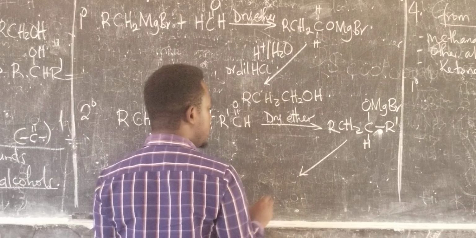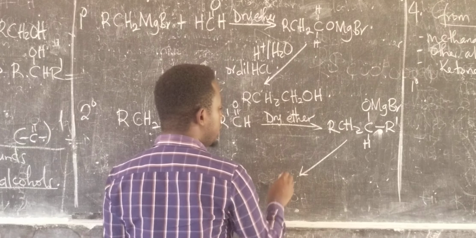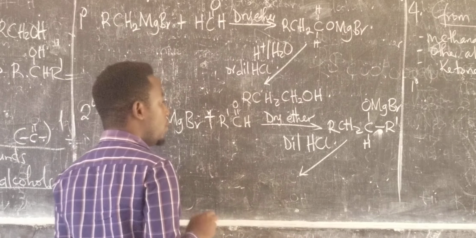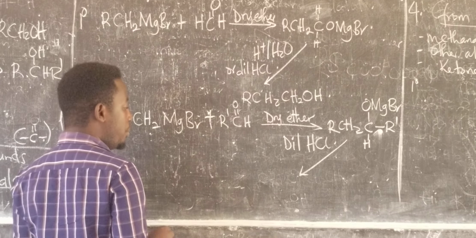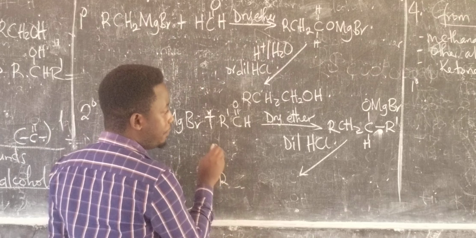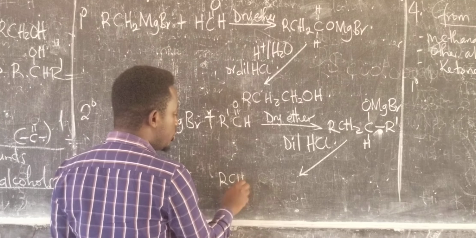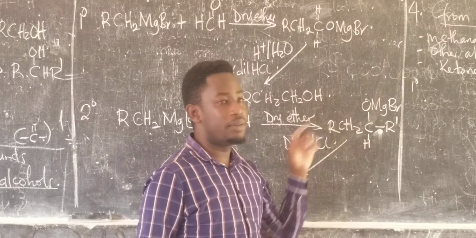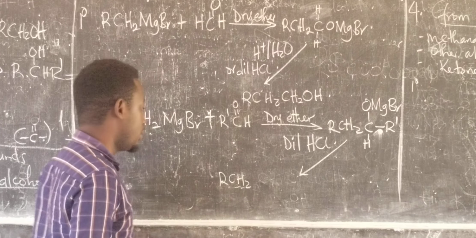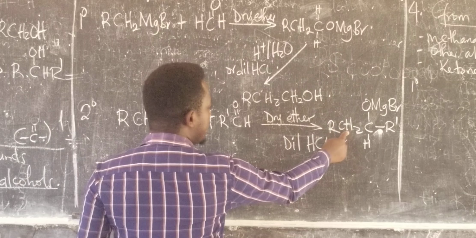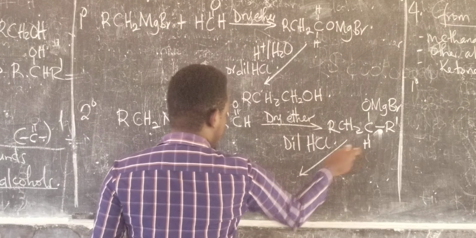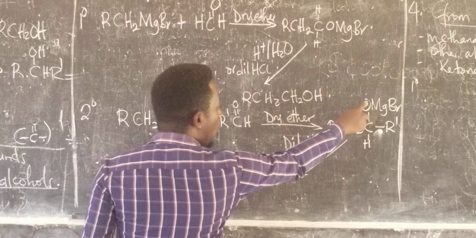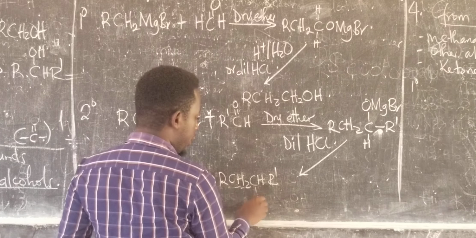And this one on hydrolysis, that is in presence of dilute HCl, what do we form? We form R, then CH2, where the MgBr is going to be replaced by H, I mean. So it becomes RCH2, CH, R prime, then OH.